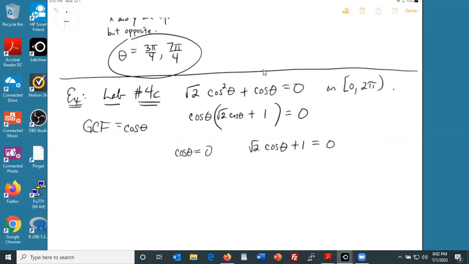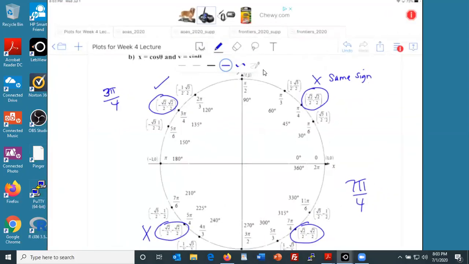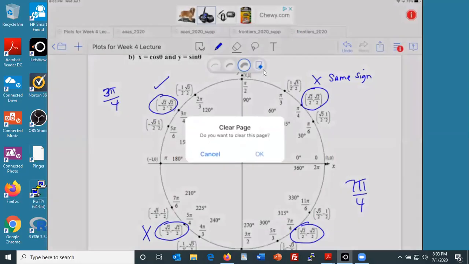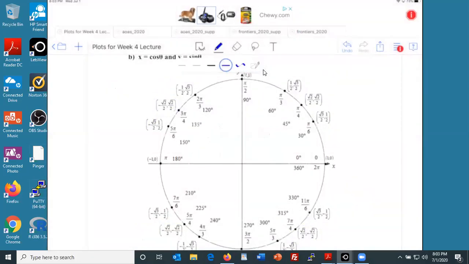So the first piece, cosine theta equals 0. Remember in the unit circle, we're going to find theta where the cosine, which remember is any x value, in this case, an x value of 0. And there are 2. So here we go, a trip back to the unit circle. So where are the x's zeros?